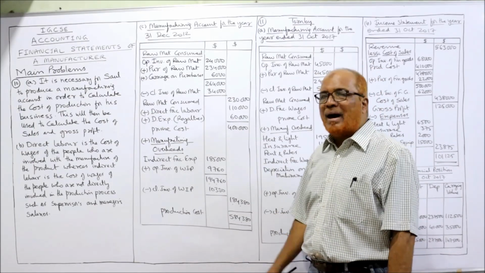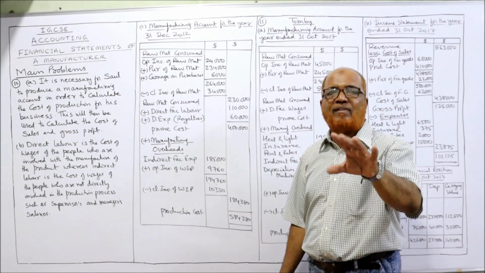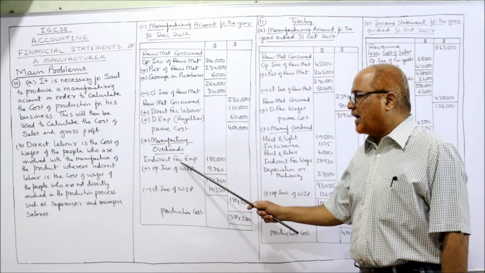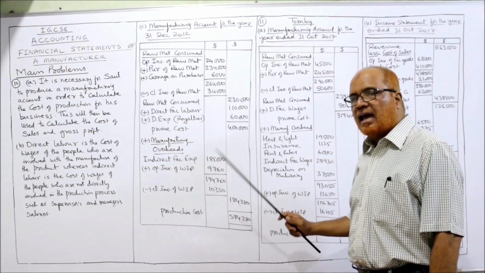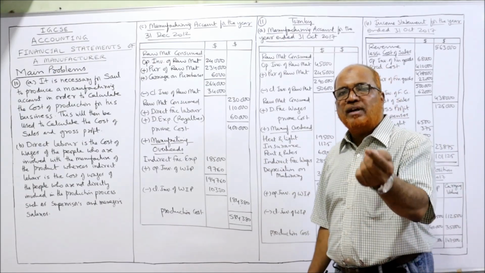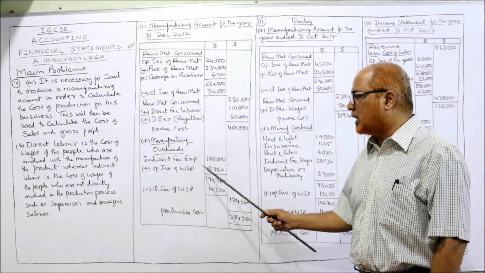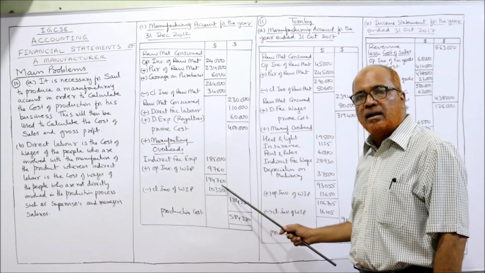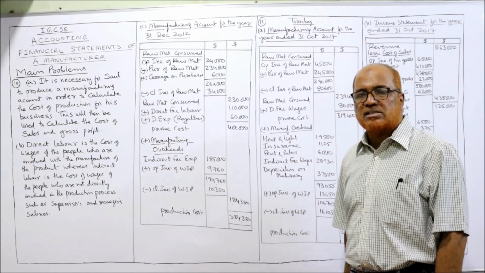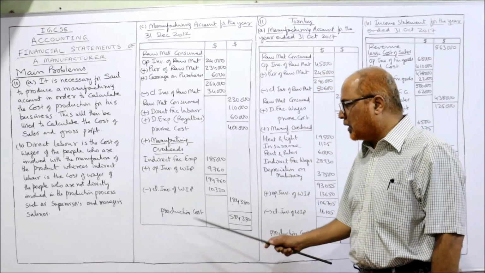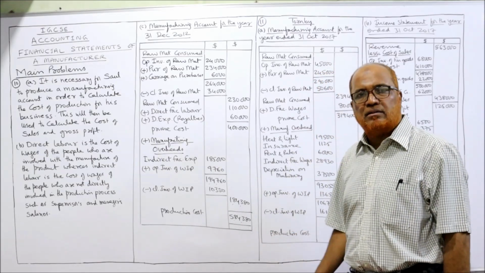Now we include manufacturing overhead or factory indirect expenses. The first one, factory indirect expenses are 1,85,000. To this we add opening inventory of WIP, work in progress 9,760. Add up 194,760 minus closing inventory of work in progress 10,380.